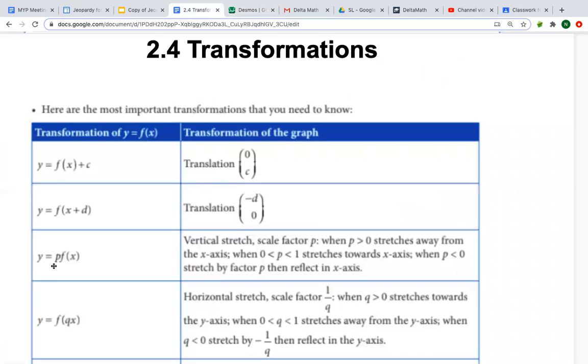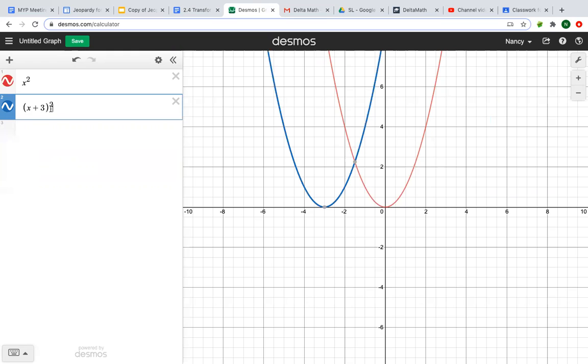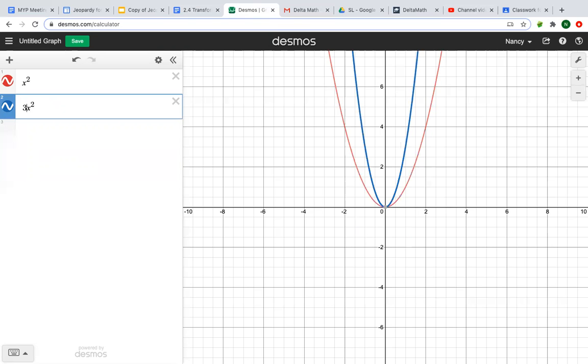So next would be a vertical stretch. So when you have a vertical stretch, let's change this. Let's make this a 3x squared. You'll notice that the blue one gets skinnier.